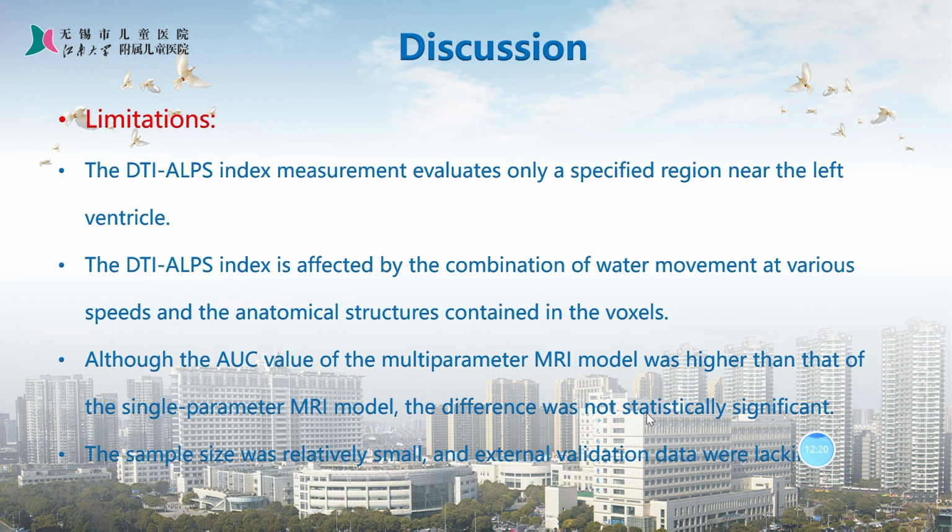We speculated that this may be because FA, MD, nodal efficiency, and DTI-ALPS were derived from the same DTI data, which may have led to information redundancy. Finally, the sample size was relatively small and external validation data was lacking. In the future, multi-center data should be included to improve the discrimination performance of the model.